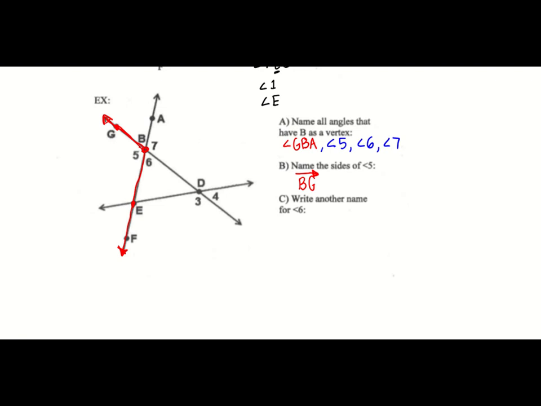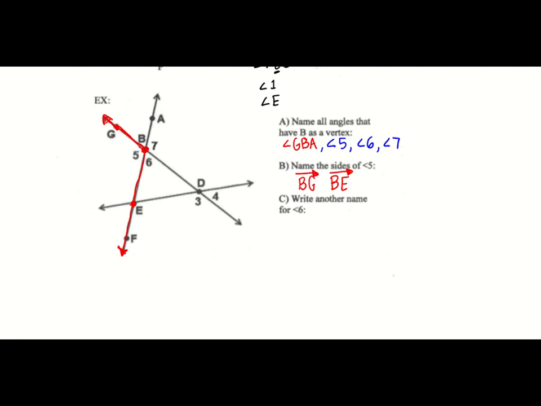That's one side of my angle. The other side of my angle, I'm starting at B, and I'm going to go past. Now I could name this in two ways because I have 2 points. I have E and F. Either one works. I could have BE or BF, and I'm just going to pick BE because that comes first. So it starts at B and goes past E. Those are my 2 sides of angle 5.